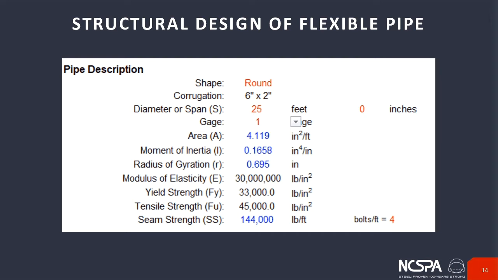Yield strength is 33,000, which is standard for the industry. Tensile strength, and then the seam strength for this particular structure, with a 4 bolt per foot pattern, which would be standard, is that 144,000 pounds per foot value. But anyway, all of these values are available in the design manual, and this is what you would gather first in order to perform the rest of the design check.